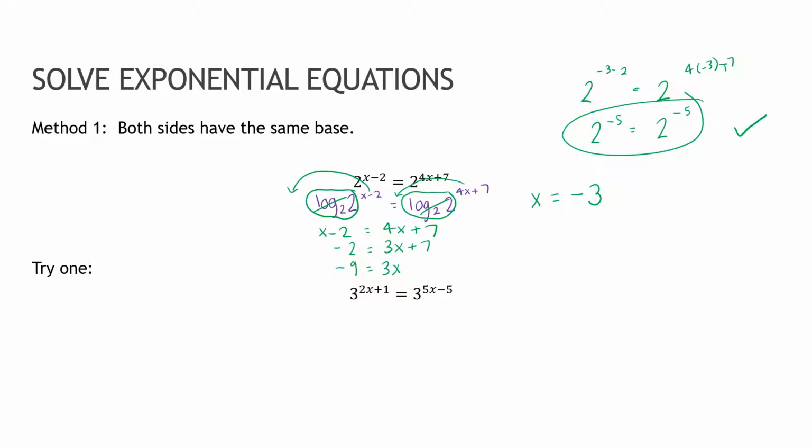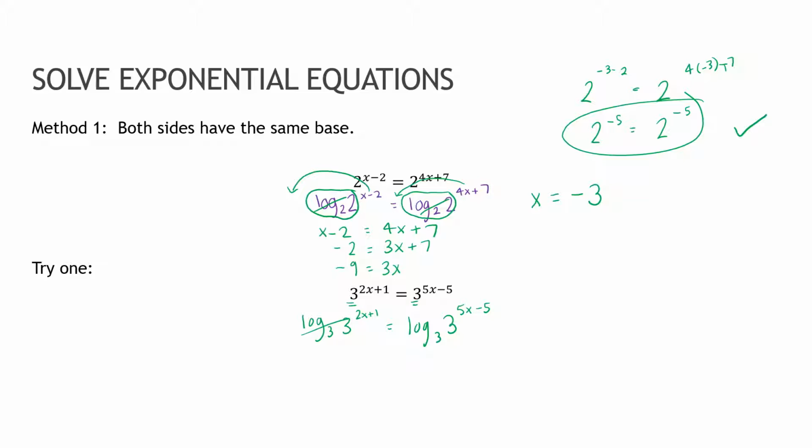Each of these pages I have a try one, so instead of having a whole different slide with a question for you, this is where you would pause, try the question, then press play to check your work. So again, I would take the log base 3, and I'm choosing base 3 because that's my base. Log base 3 of 3 to the 2x plus 1 equals log base 3 of 3 to the 5x minus 5.